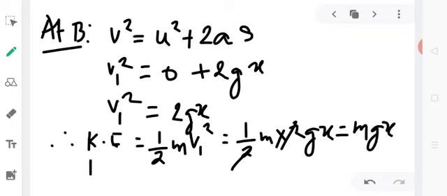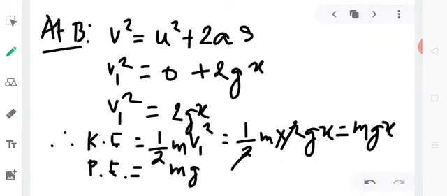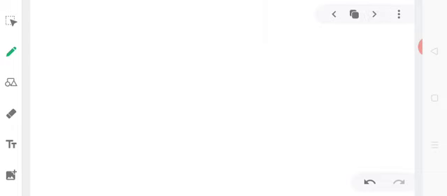mgx. What about potential energy? Potential energy is equal to mg, and now check the height of that object from the ground. It is h minus x. So we can write down mg(h minus x). Let us calculate the total energy.